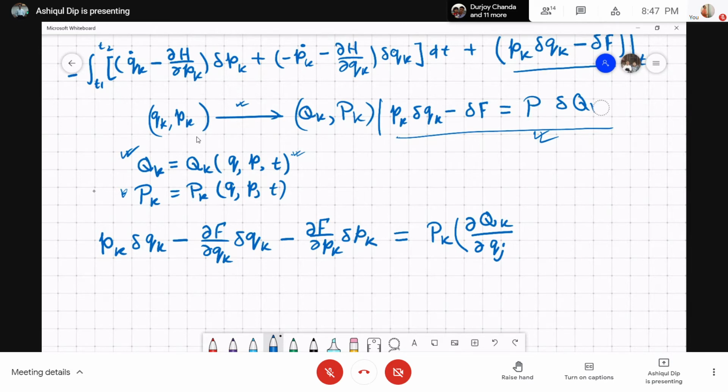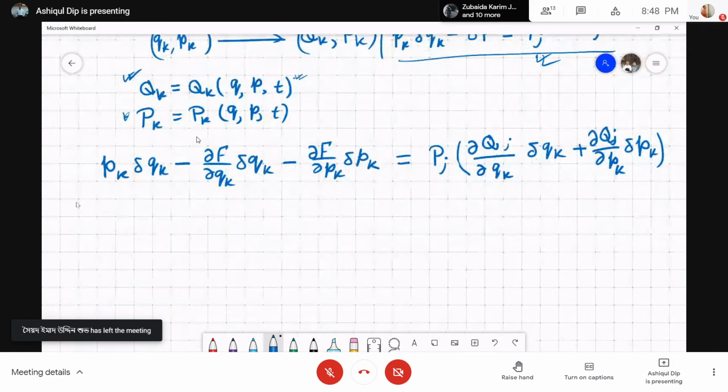That would be easier, because we want to compare those. So let's be a little bit careful about indices. So this is one thing, and then delta Q_j over delta small p_k, variation p_k.